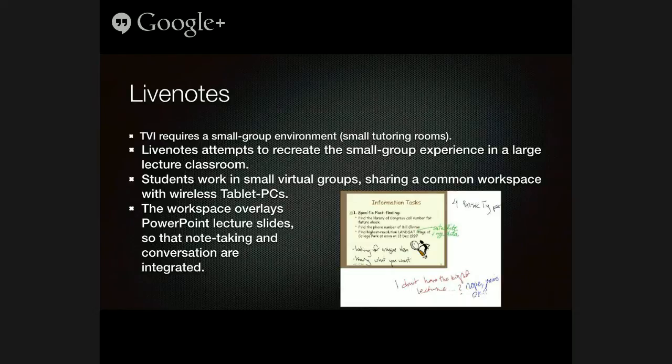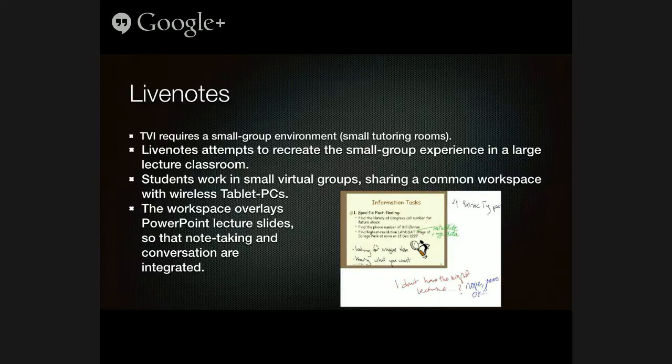They were loaded up with the lecture slides for the day. During the course of the lecture, students could take notes on each slide, either directly on the slide or in the margins. Those were shared with a small group within the class. So you would be randomly put into a group with 4 other people in the class, and you guys would have a shared workspace.